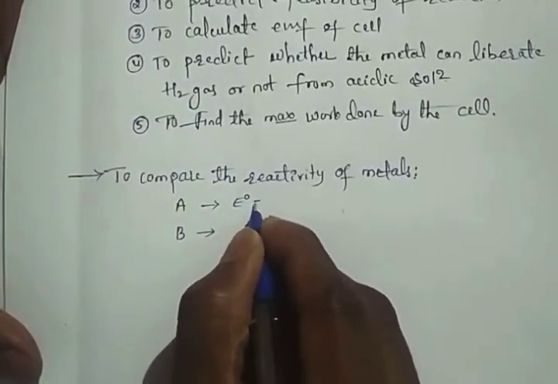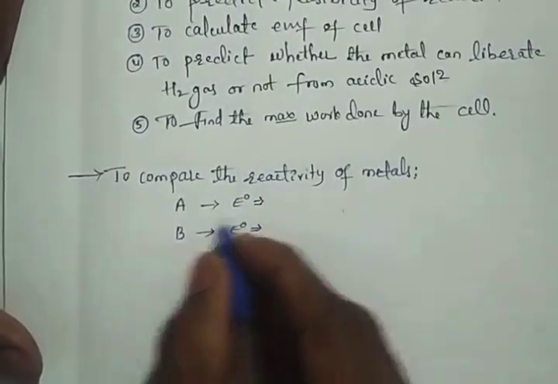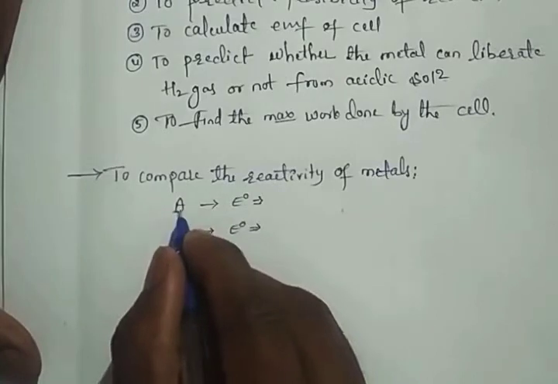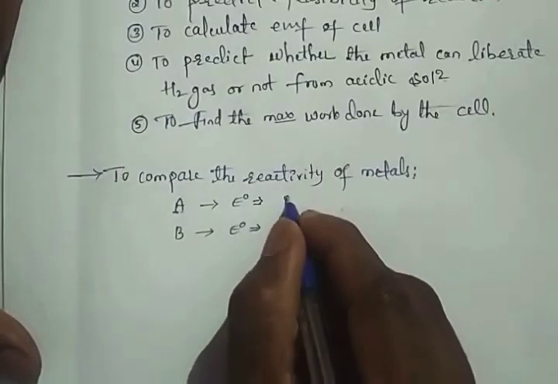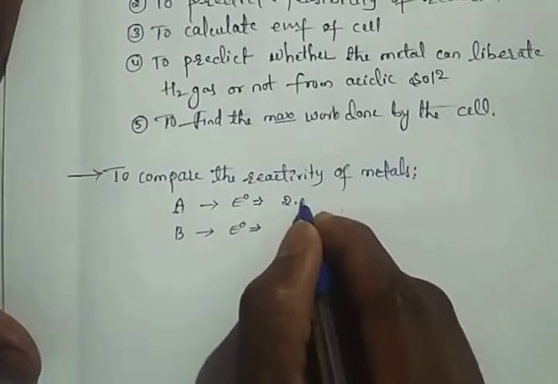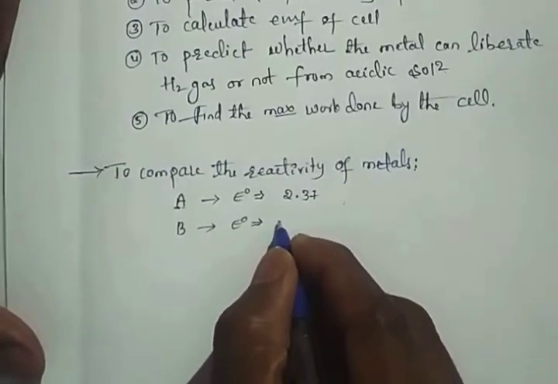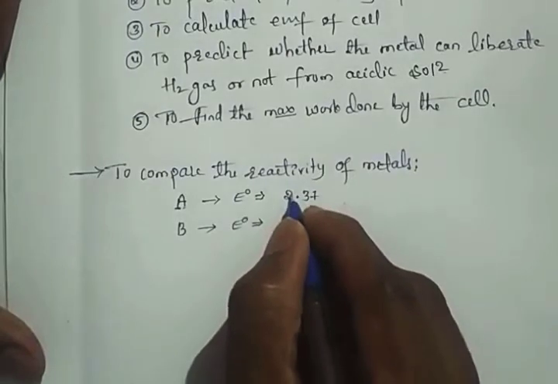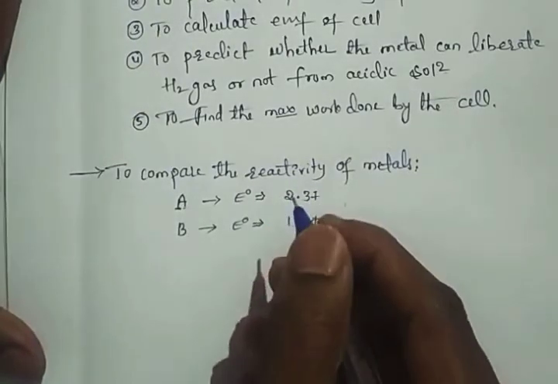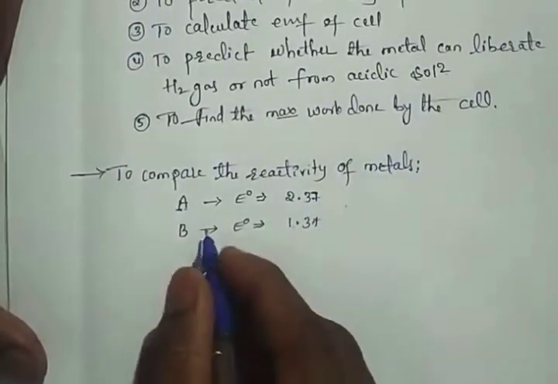Assume general values: the E0 value of electrode A is 2.37, for B it is 1.37, or some values x, y and z.